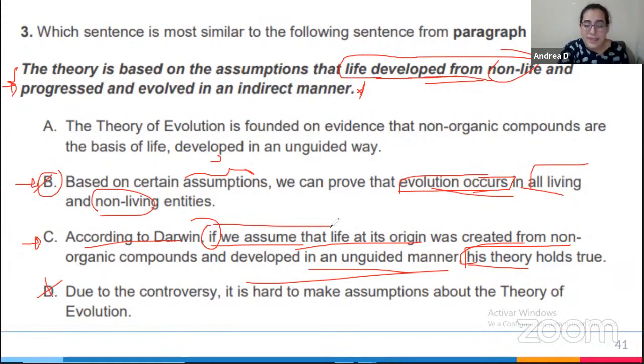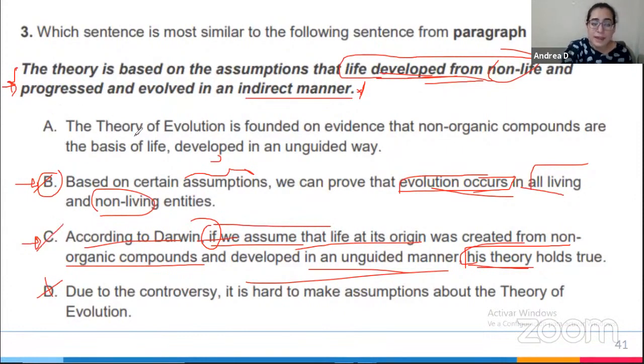So it is tempting, I know, because it really looks like it's the one because of the synonyms, like life at its origin. So life was created from, developed, good. Non-life, non-organic compounds, unguided manner, indirect manner. So it has pretty good synonyms, I'm not going to lie. But it's adding something extra. It's adding something that we don't know yet. We don't know that his theory would hold true in this case. So C couldn't be the answer either.